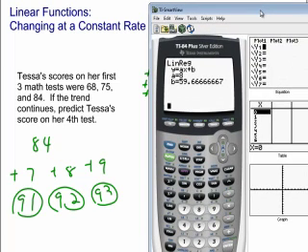Here's what the linear regression says. The line of best fit for Tessa's test taking is y equals ax plus b, very similar to y equals mx plus b. A is 8, and remember we predicted a change of about 8, and B is 59.666, which I'm just going to round to 60.